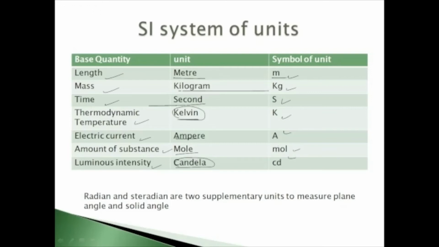You have to remember these 7 units because it is very important to remember these basic units. Apart from these, the 2 supplementary units included in the SI system of units are radian and steradian. These are used to measure plane and solid angles.